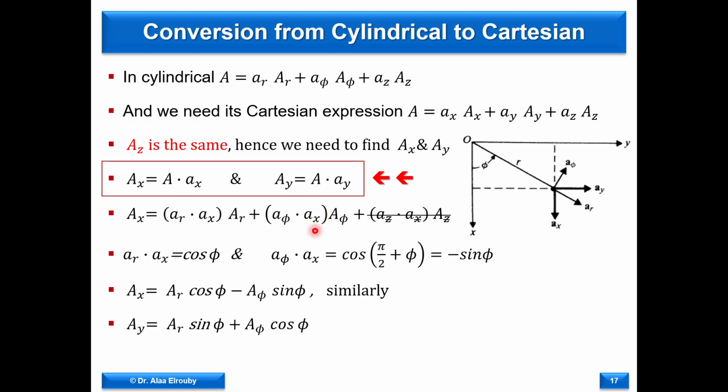Similarly, the dot product here equals cosine of pi over 2 plus phi, which is minus sine phi. Why? Because this is the direction of A phi, and this is AX. The angle between them is larger than 90, and it would be negative. So AX would have this expression. Similarly, AY would have this expression.